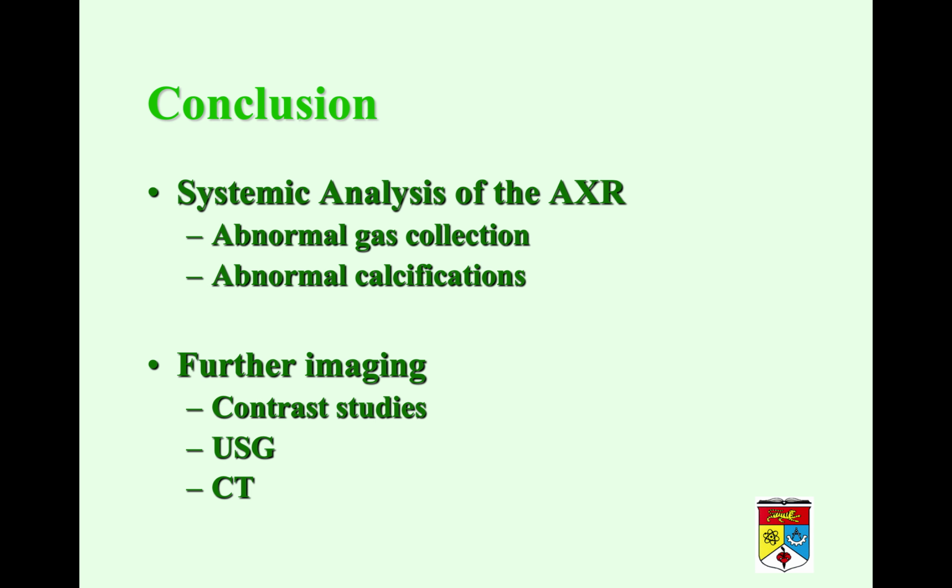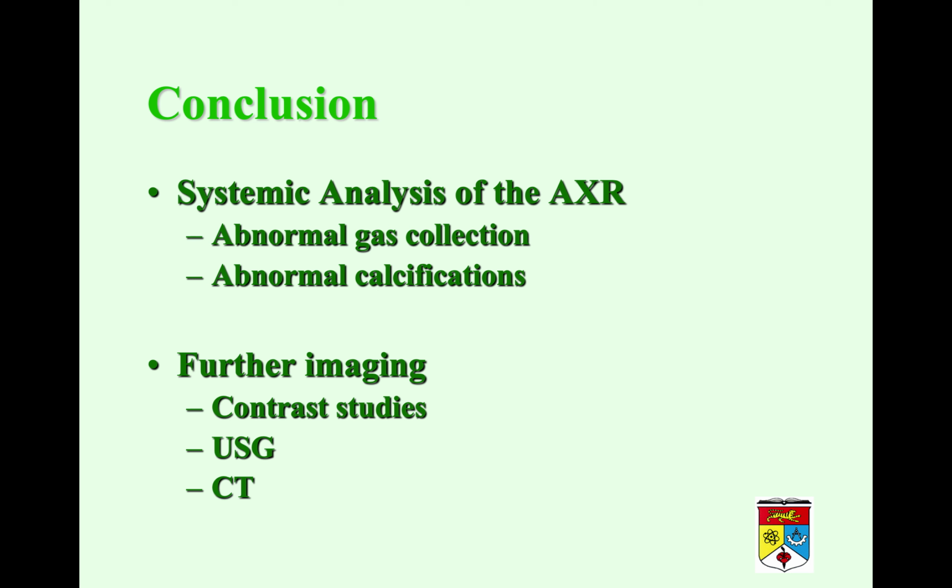Okay, so as a conclusion, whenever you approach an abdominal radiograph, always have a systematic approach, a systematic analysis of it. Always put inside your brain what the normal abdominal radiograph looks like in this age group, and when you know how a normal one looks, then definitely you will identify the abnormal gas collection, extraluminal, intraluminal, intramural, or abnormal calcification.